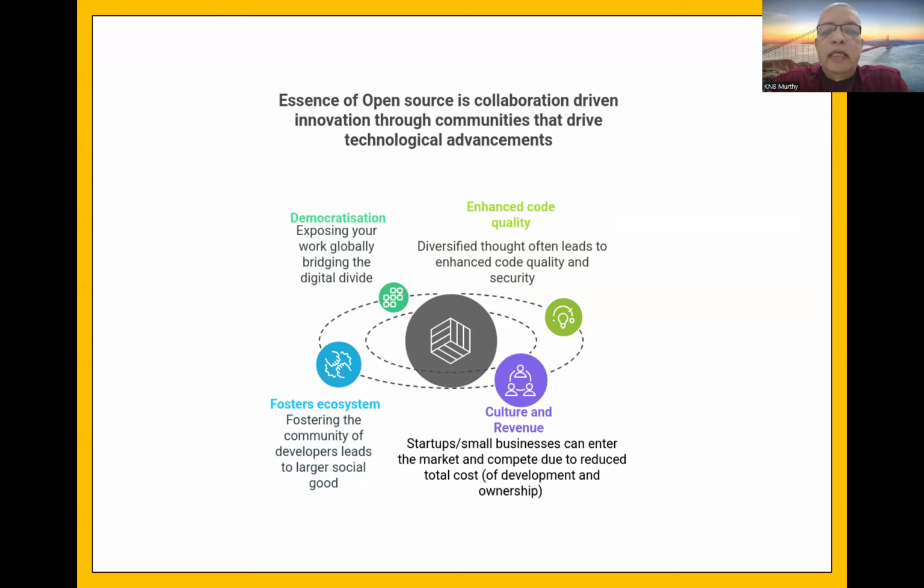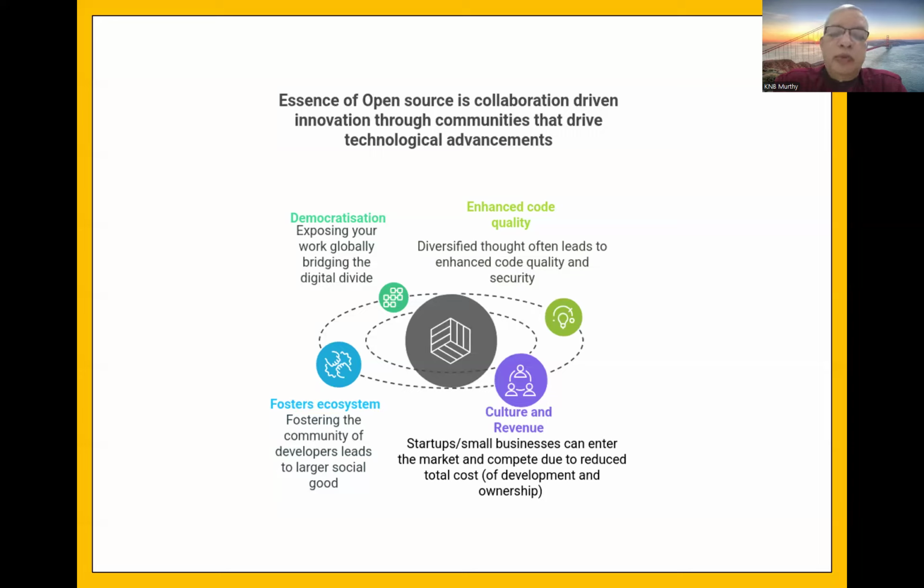Second, there is a scope for enhanced code quality because diversified thought often leads to enhanced code quality and security. Means the experts all over the globe participate in the initiative.